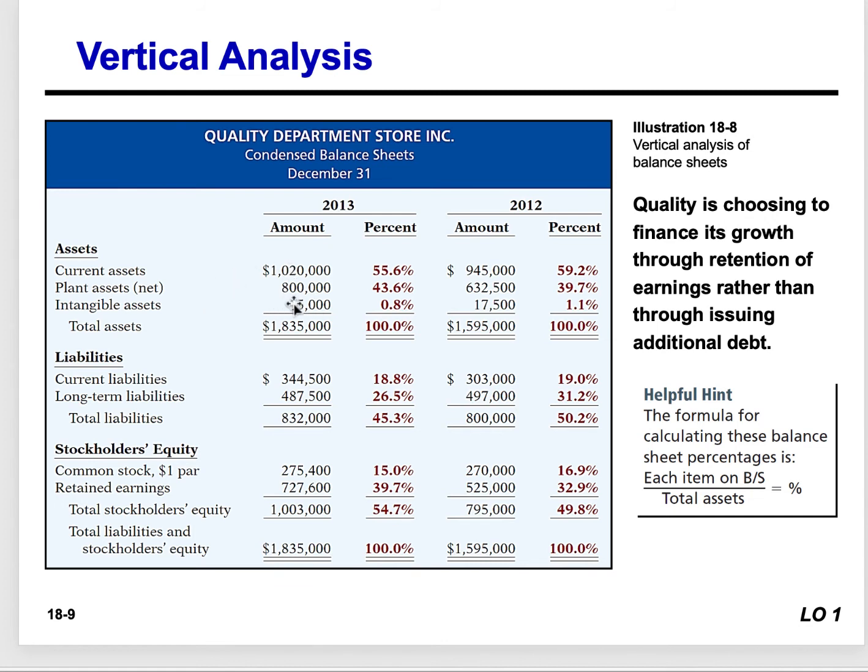Same thing with net plant assets: divided by the $1,835,000, we say that net plant assets consist of 43.6% of our total assets. Then we do the same thing through all the liabilities. Our current liabilities are 18.8% of total assets. Long-term liabilities compared to total assets is 26.5%.